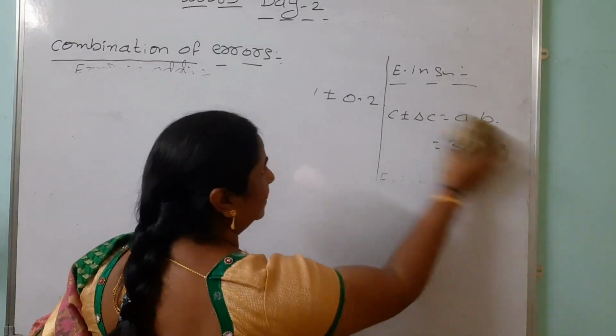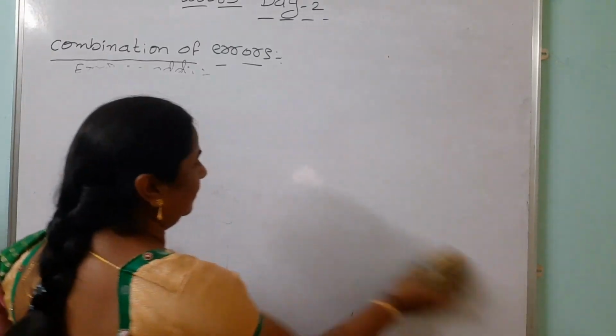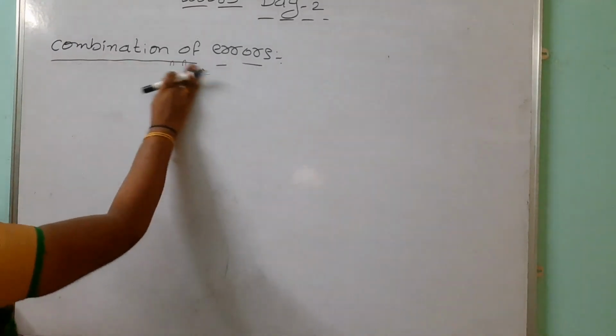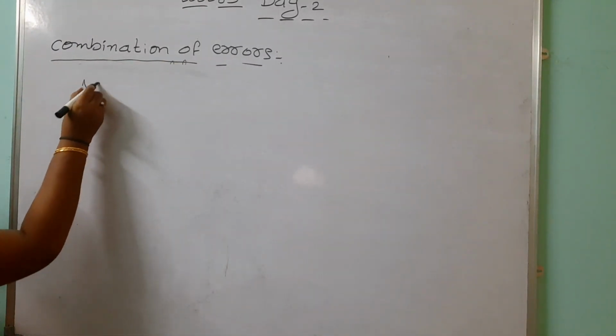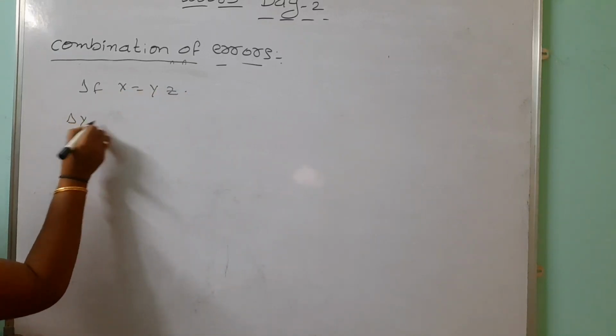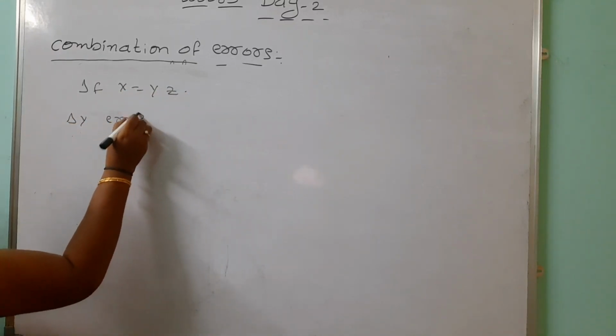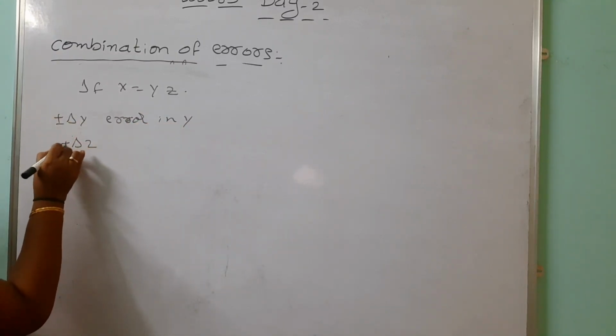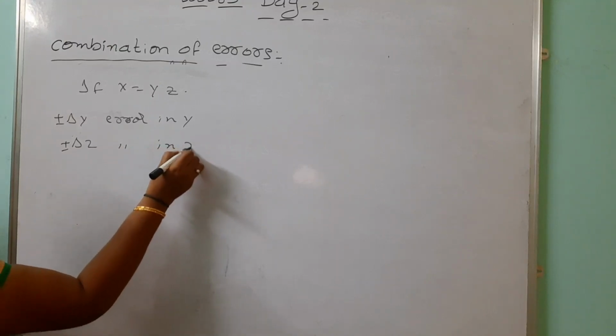Error in multiplication and division. Look here, in both the cases we are getting the same formulas. Suppose x equals yz, delta y is the error in y, delta z is the error in z.